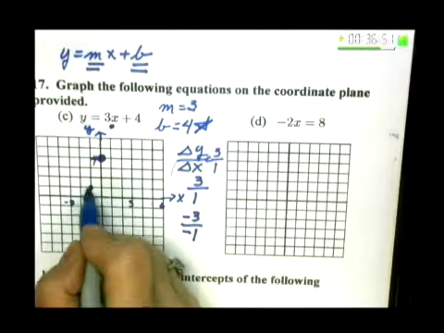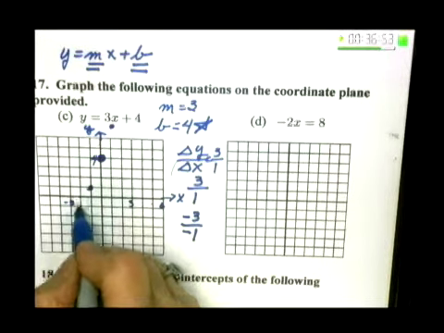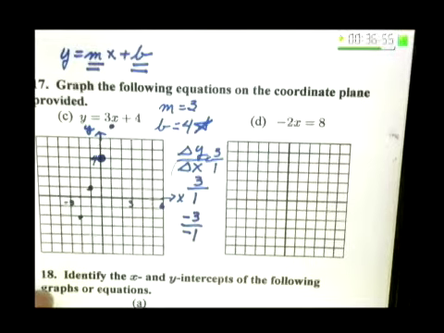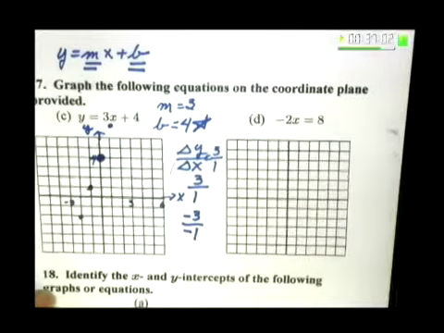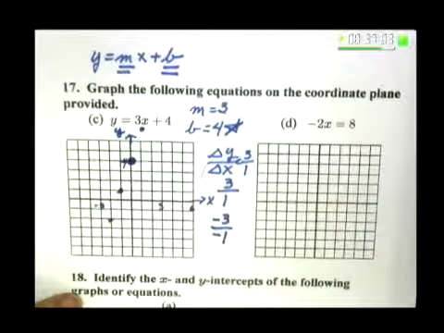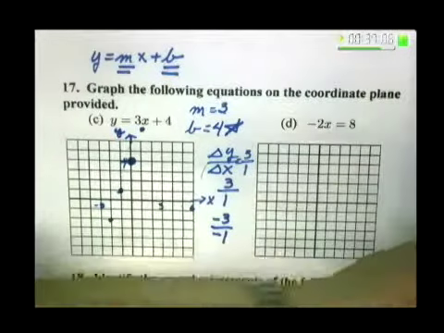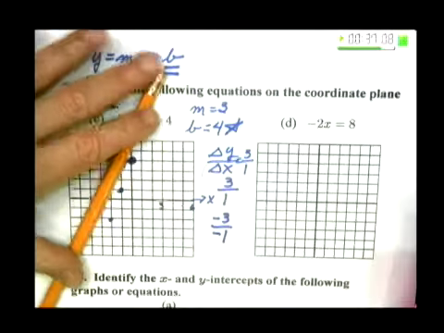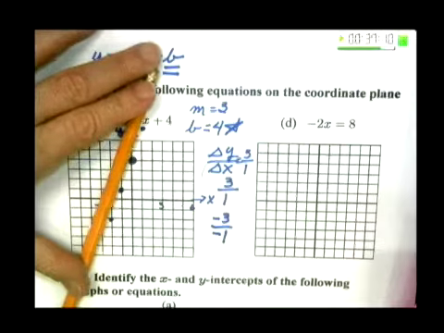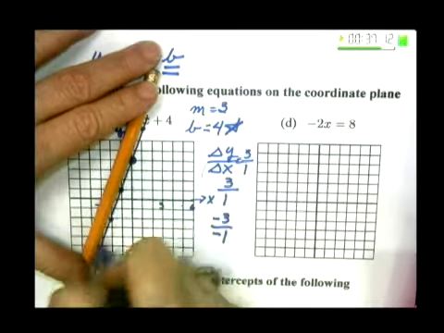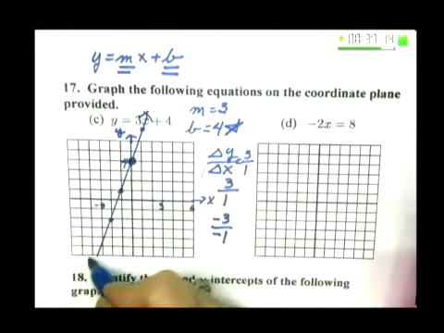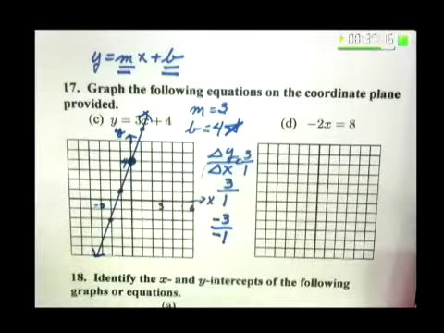I can do it again. -1 on x, 1, 2, 3 on y. And now I'm just going to connect my points. And this is the graph of the equation y equals 3x plus 4.